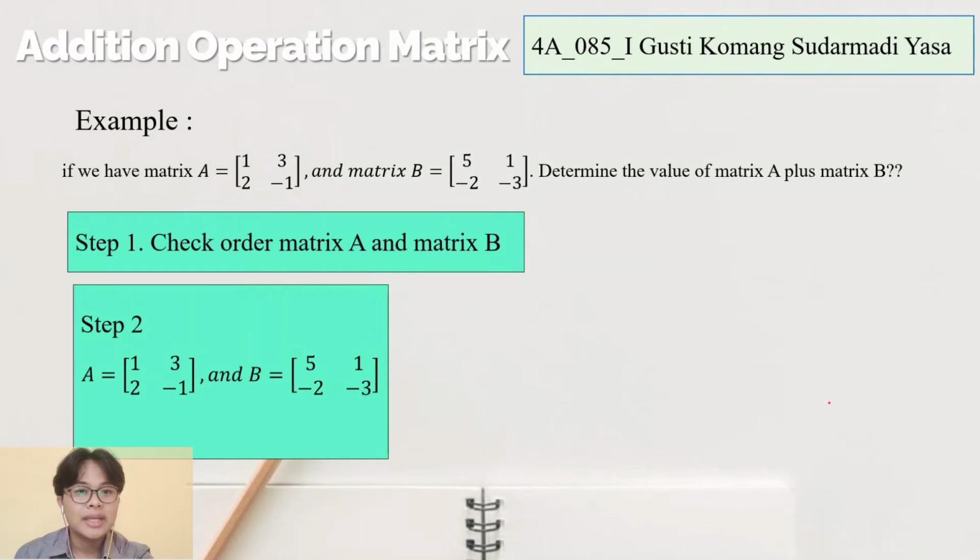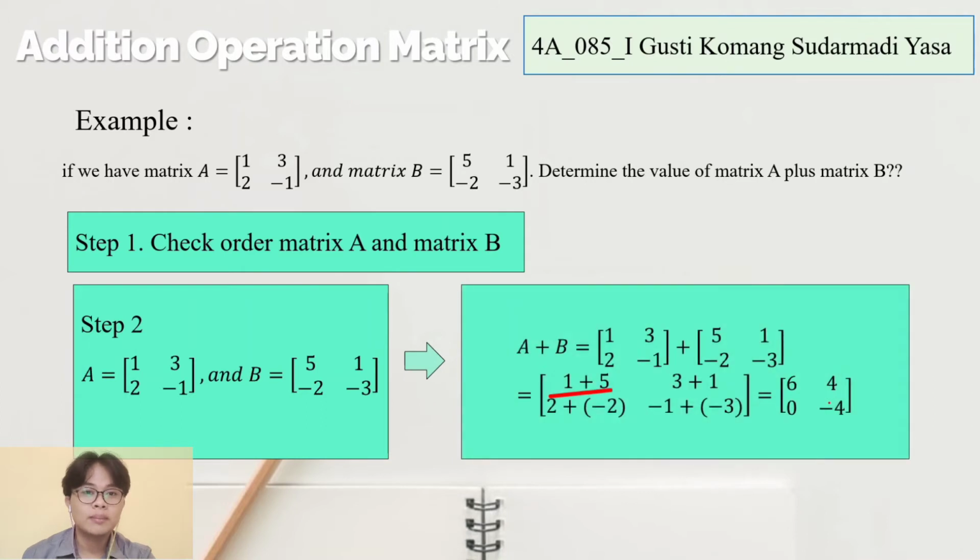The second step is to sum the corresponding elements of matrix A and matrix B. From the question, we get 1 plus 5, 3 plus 1, 2 plus minus 2, and minus 1 plus minus 3. Then, we get a new matrix with elements 6, 4, 0, and minus 4.